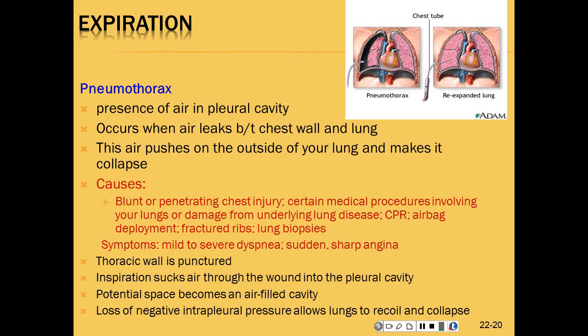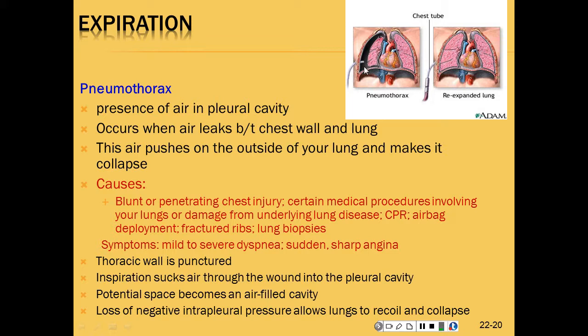Now, some symptoms you'll have because of this: mild to severe dyspnea, shortness of breath, and sudden, sharp angina, that's chest pain. Now the thoracic wall is punctured, and suction is applied to help reduce or get rid of the pneumothorax, the air in that pleural cavity.